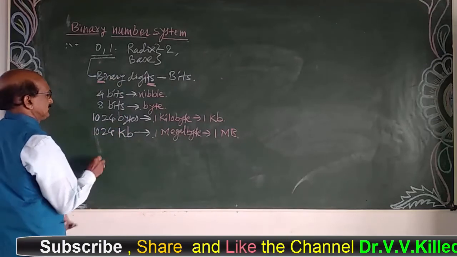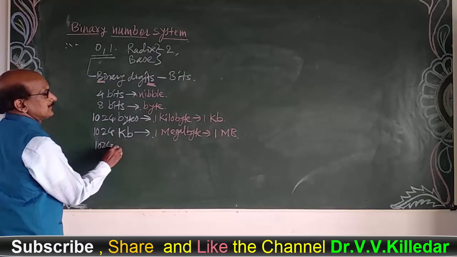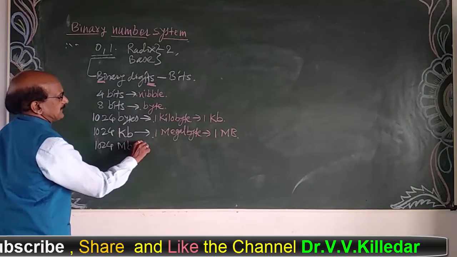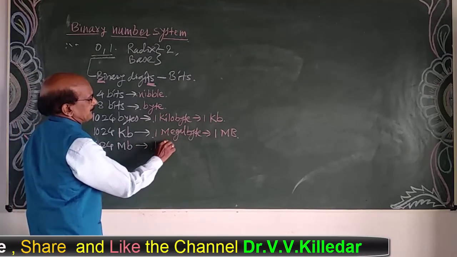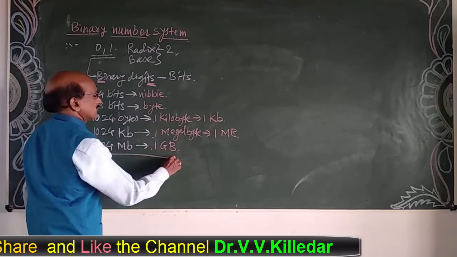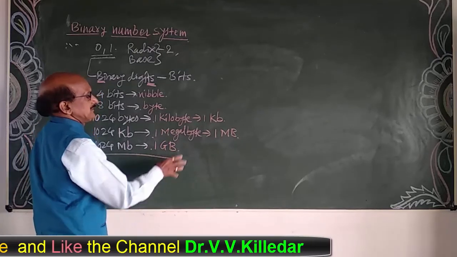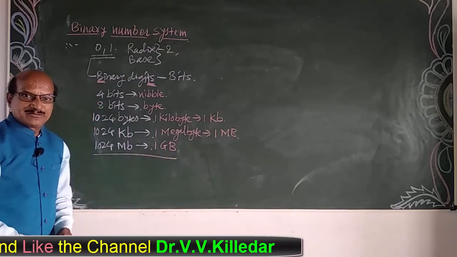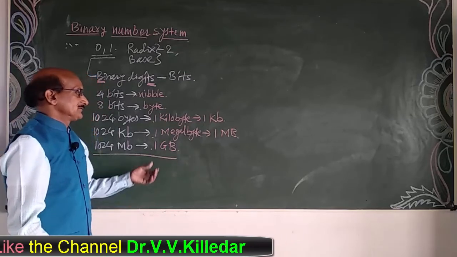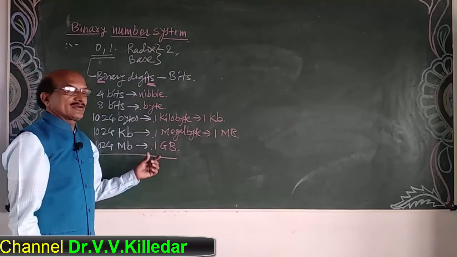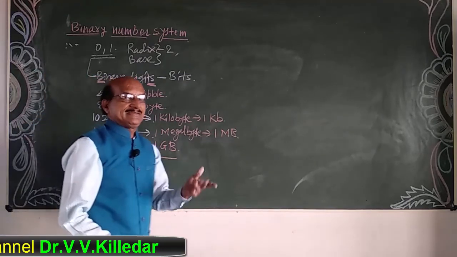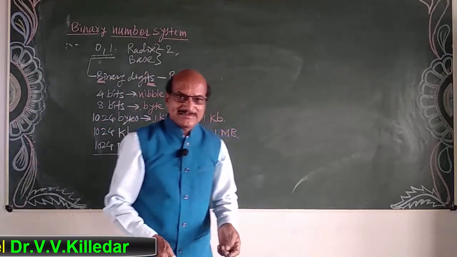Similarly, 1024 megabytes is called 1 GB. So these are the terminology used in computers. The memory of a computer is expressed as 1 KB, 1 GB, or nowadays the TB, terabyte.